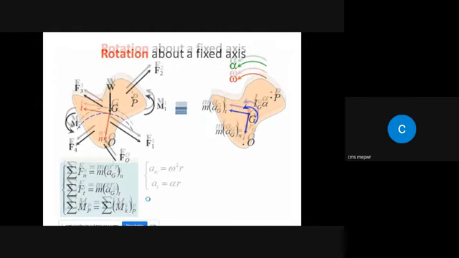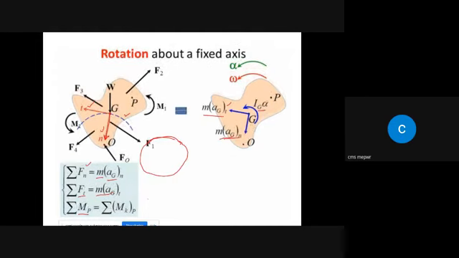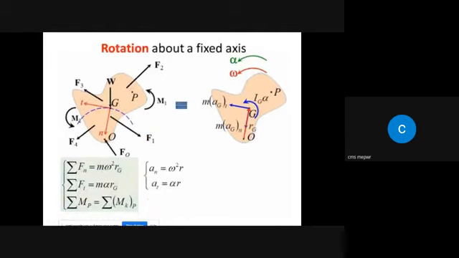Okay, so as we know from our previous lecture, the acceleration along n axis, which is an, can be given as omega square r, and the acceleration along t is equal to alpha r.